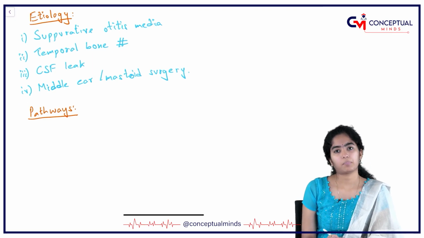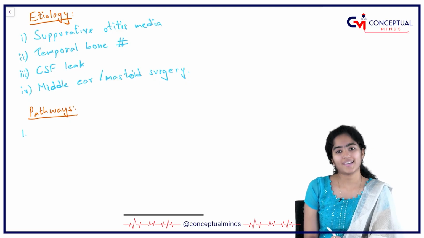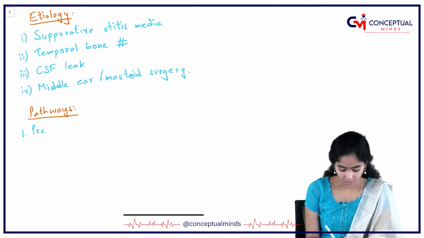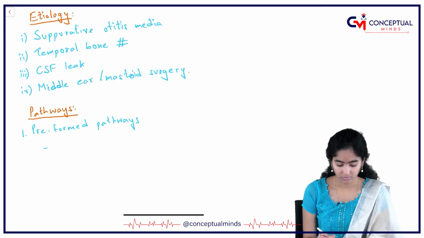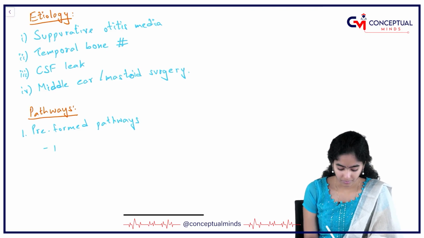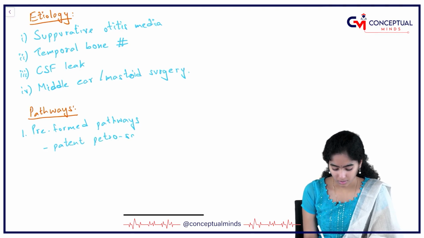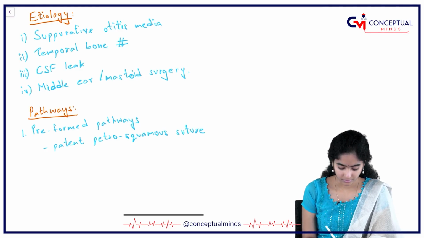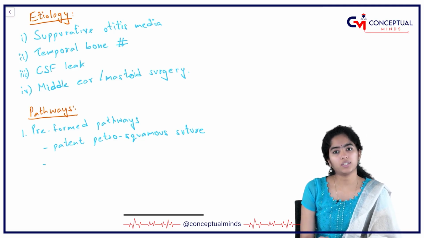Now, the middle ear and the mastoid infection reaches meninges sometimes by some pre-existing, pre-formed pathways, such as a patent petrosquamous suture, or from the perineural spaces of the internal auditory canal.